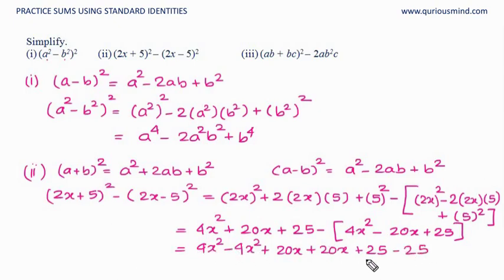So these will get cancelled, these will get cancelled. Remains is 40x. So the answer is 40x. Let's do the third one.